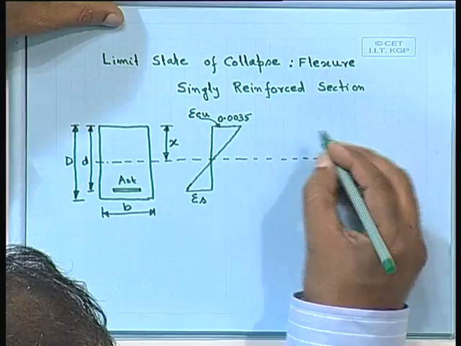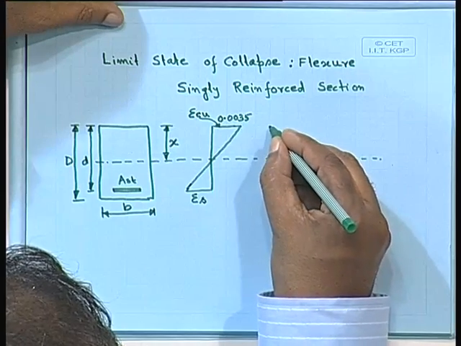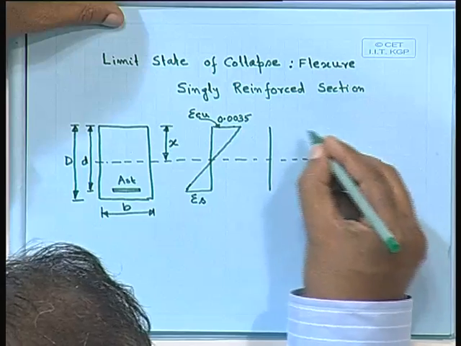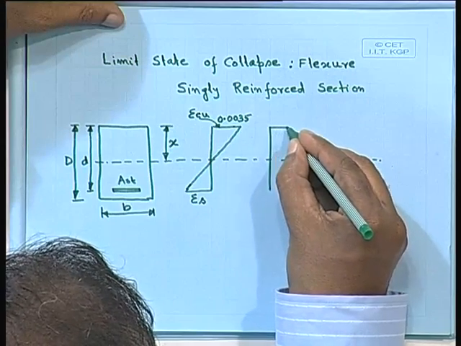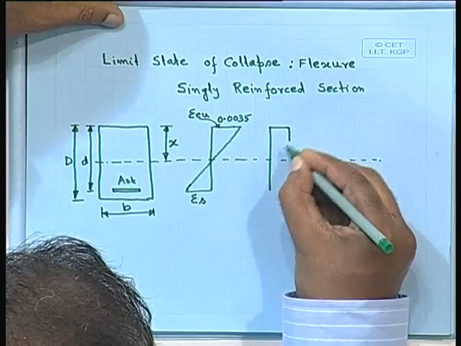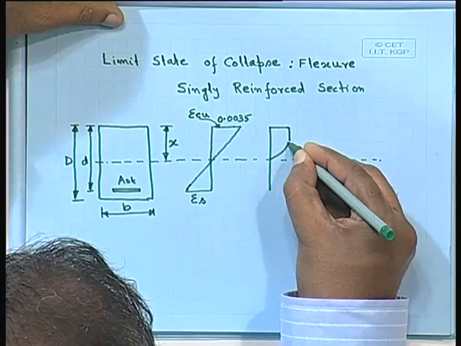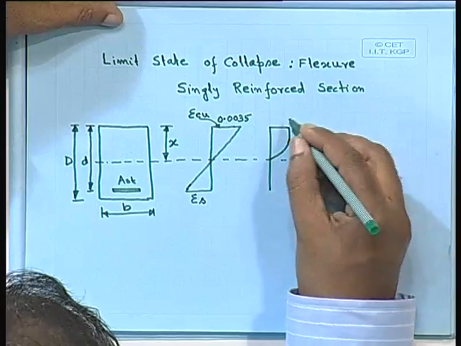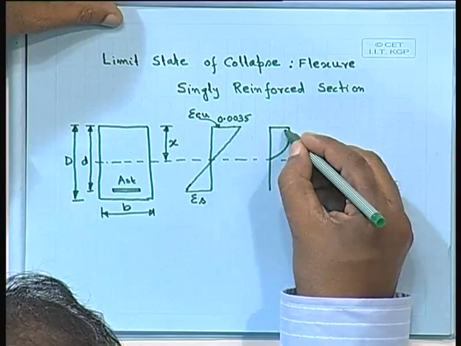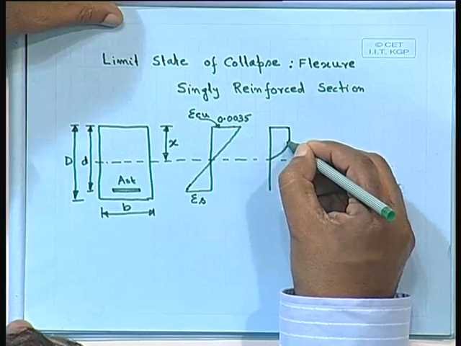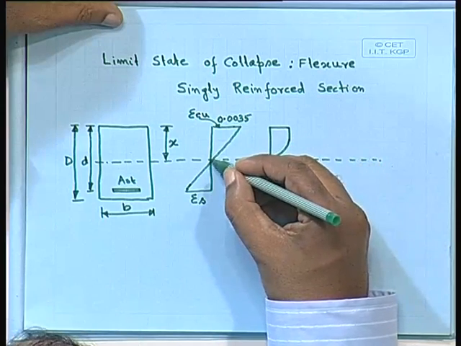What about the stress block? The stress block is the same one which we have shown, that curve. We have a maximum of 0.0035, somewhere here 0.002, because we are starting from 0.